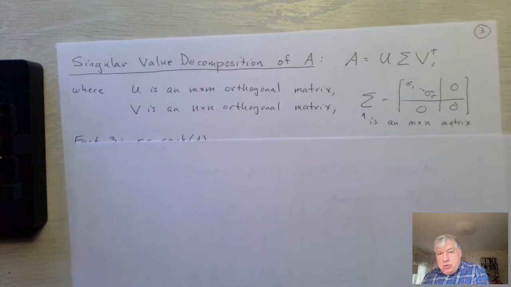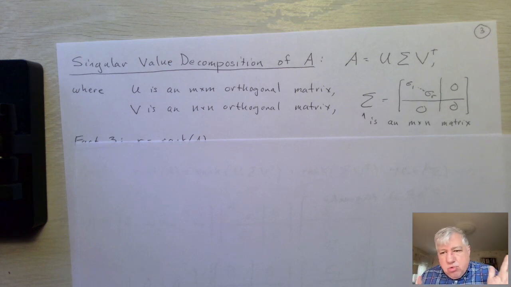This is kind of like the analogy to diagonalization. And the nice thing about this is it works for any matrix A. It doesn't have to be square.